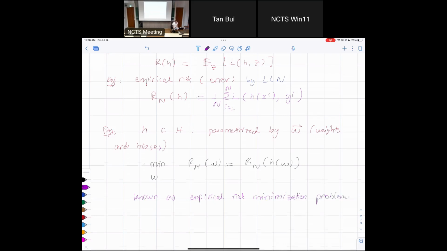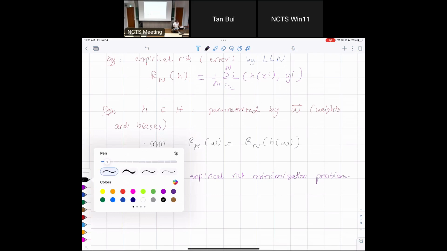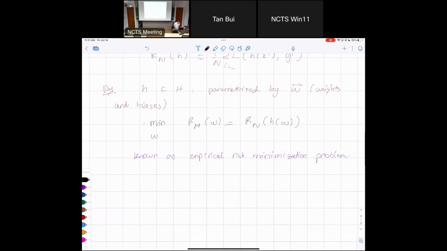Okay, all right. So we're going to introduce one more notation to make our life a little easier in terms of writing, and then we're done.